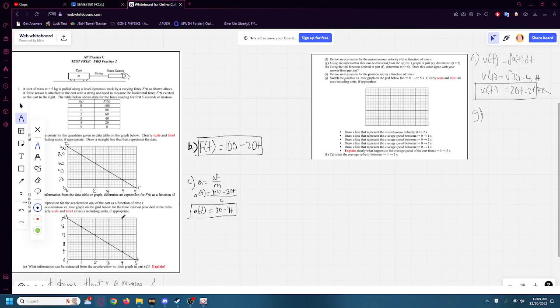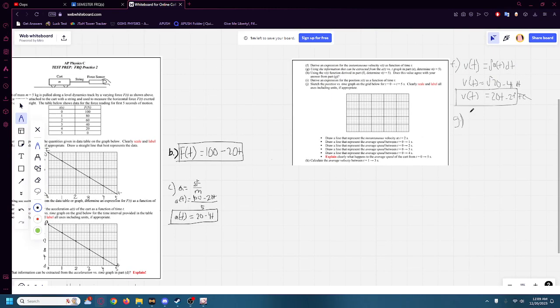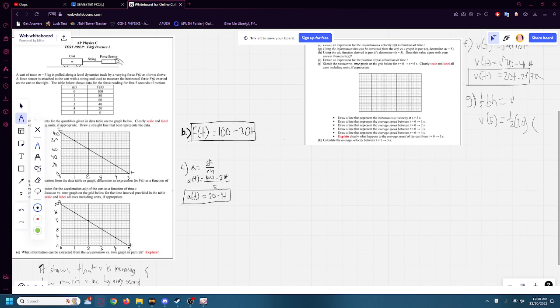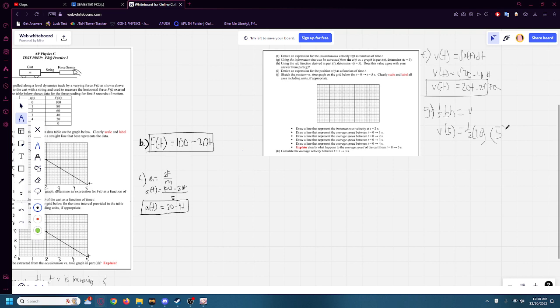To find the area geometrically, we multiply 1/2 times base times height, and that's equal to v of 5. So v of 5 is equal to 1/2 times 20, because that's the height as shown over here, times the base, which is 5, because it's 5 seconds.